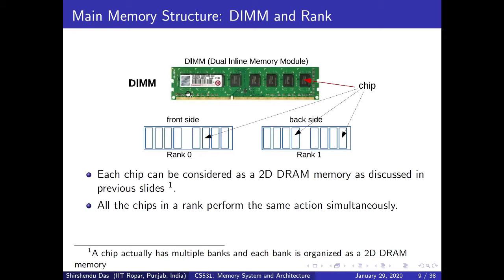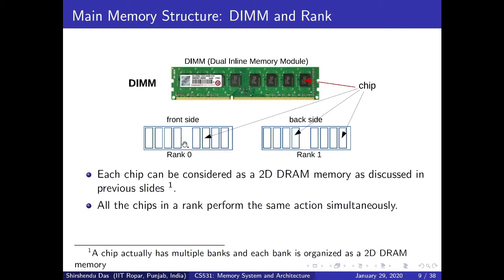Each side is called a rank. Suppose this is the front side of this DIMM, this is rank 0, and this is the back side of this DIMM, this is rank 1. I'll concentrate on the front side, rank 0.